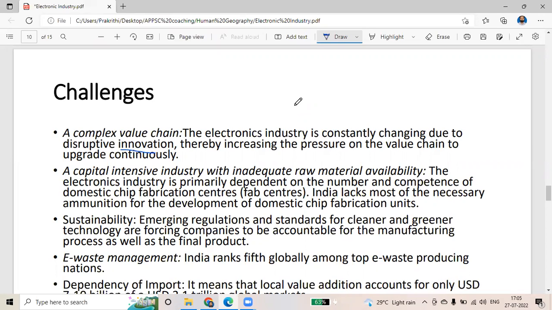That is one of the greatest challenges. Then capital intensive industry with inadequate raw material availability. Capital, foreign direct investment, yes, we have and we have a market in India, but our major problem is we don't have adequate raw materials.